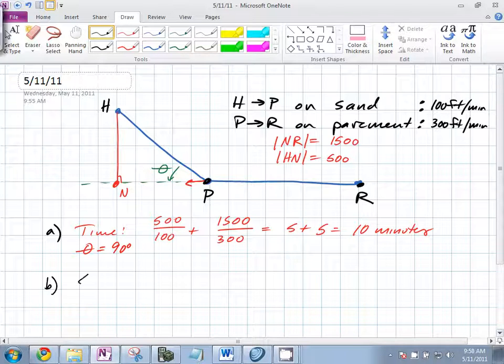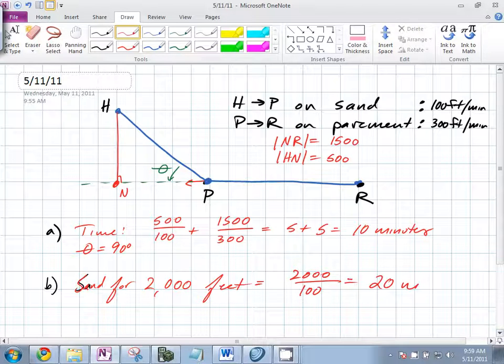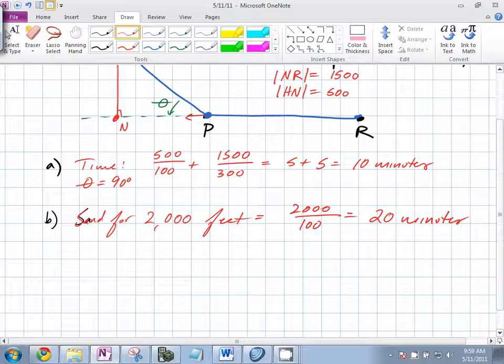Sand, for how long? Sand for 2,000 feet, right? You're going up and over like that. So 2,000 divided by 100 equals 20 minutes. Now you went out straight to the ocean and then meandered along the sand. Are we good so far?